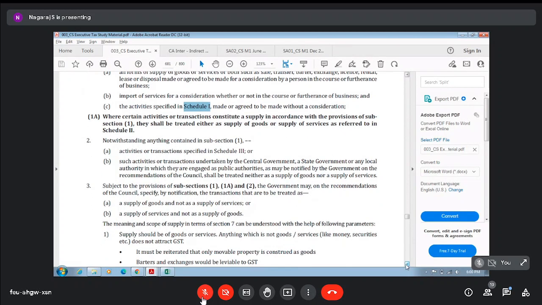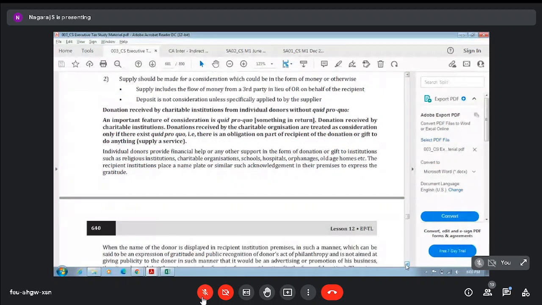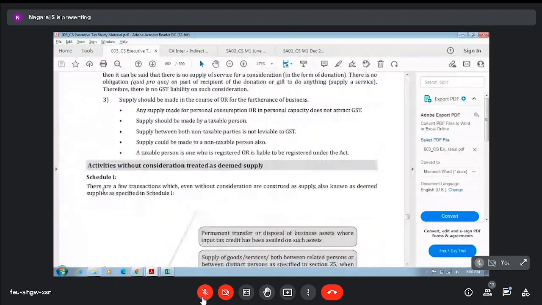If you do any of these activities without consideration also, you will not receive anything in return, it will be deemed as supply. You will have to make the payment of GST. Who is supplying the goods or services has to make the GST payment to the government. Understood?